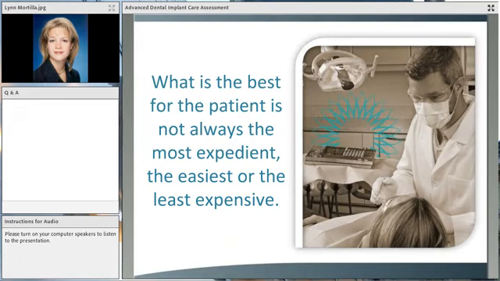But what we know about the best is what's best for the patient isn't always quickest, easiest, or cheapest. And this is a really important factor to remember. And there is a price tag associated with implant dentistry. And that's really out of the scope of what we're discussing this evening. But patients will often try to bargain with you or go window shopping.